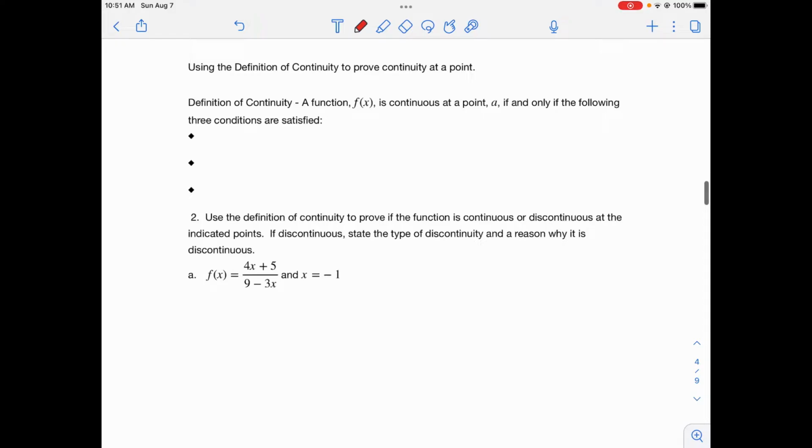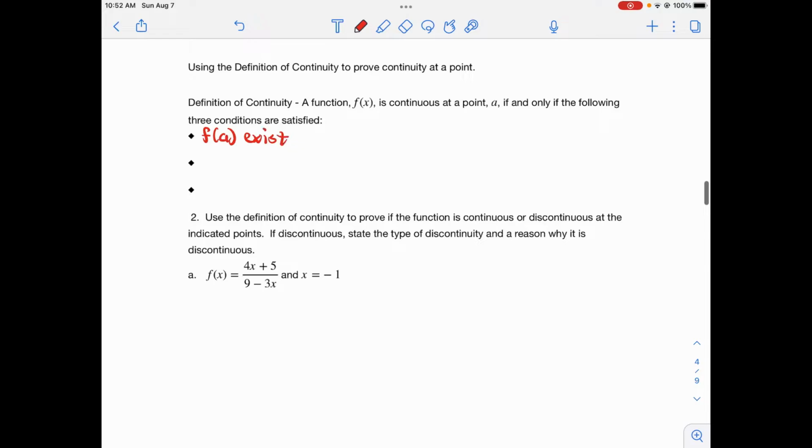Now we're going to look at some algebraic techniques using the definition of limits. So, the definition of continuity, to prove that a function is continuous at a given point. There are 3 conditions that need to be satisfied in order to prove a function is continuous at a given point. First thing is that f of a exists.